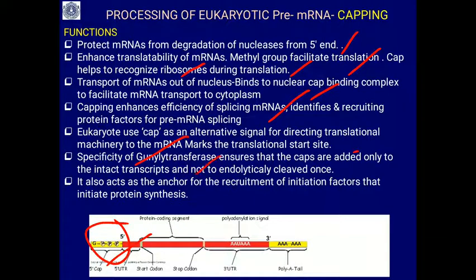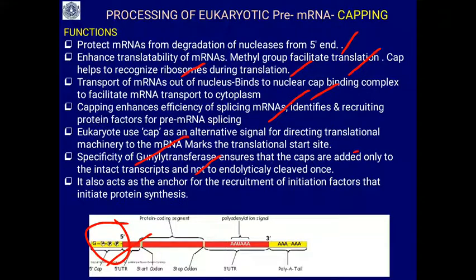The specificity of guanyl transferase, which makes the cap, ensures that caps are added only to the intact transcript, not to the cleaved ones. If the mRNA gets cleaved after transcription, the cap, that is the 5 prime cap, cannot be introduced.